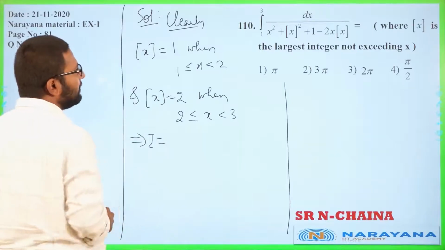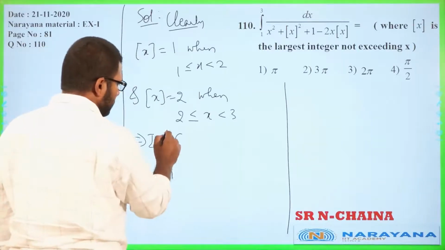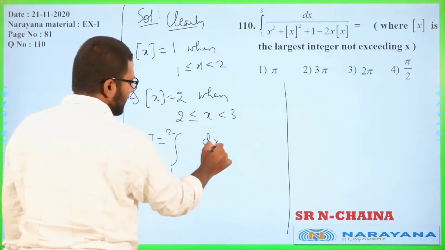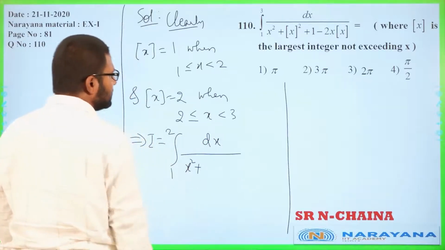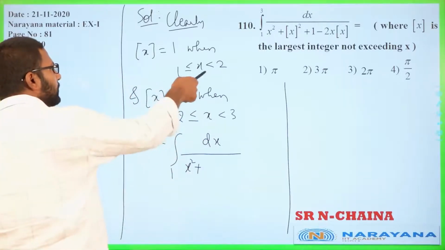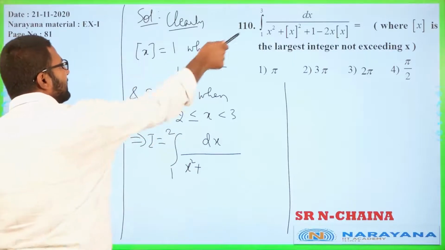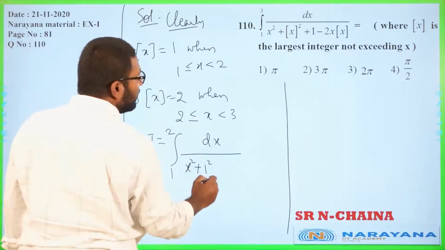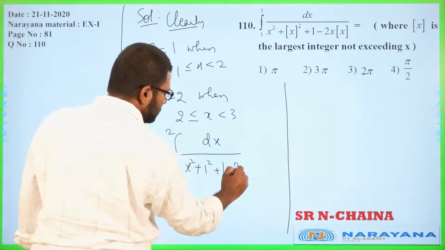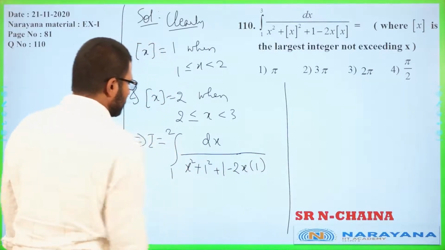Which means I can be written as integral 1 to 2 of dx upon x square plus, in 1 to 2 instead of step x I can write 1. So 1 square plus 1 minus 2x into 1, right?